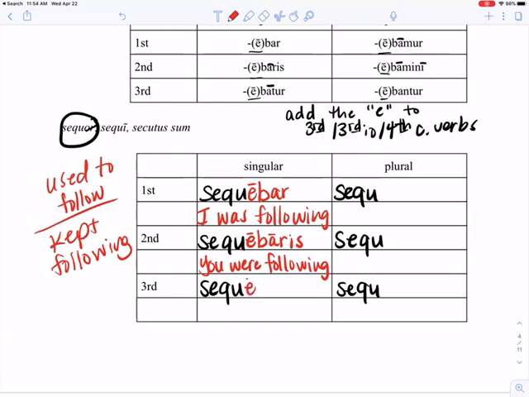For third singular, we're going to add our E and then bator. And so this is he, she, or it was following. We're going to add a bomor for first plural. And we have we, sorry.